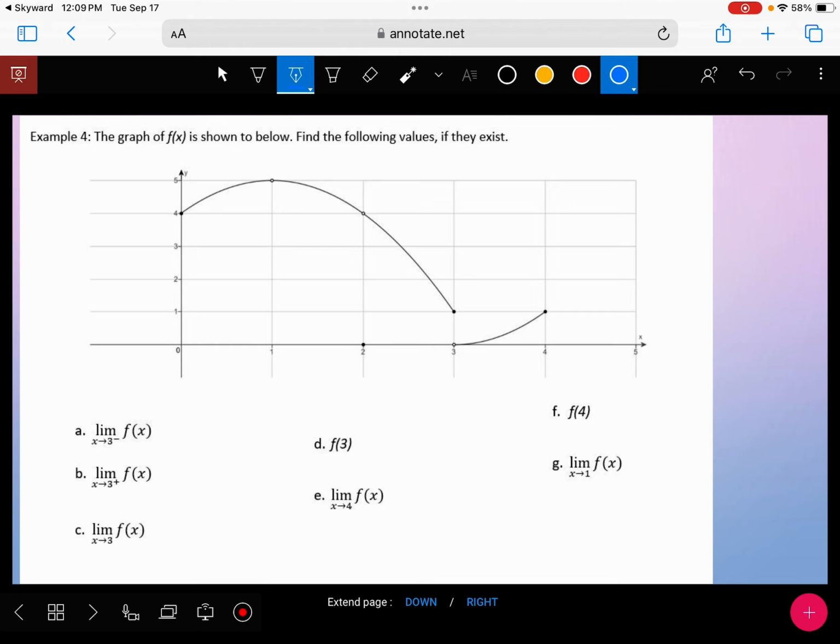All right, go ahead and do those 7. We'll see how many you get right. Just take a guess, don't leave any blank. This is your chance to practice. If this was a quiz in 2 weeks, what would you write?